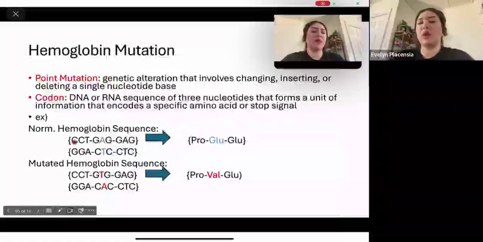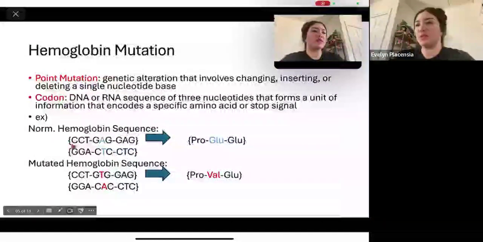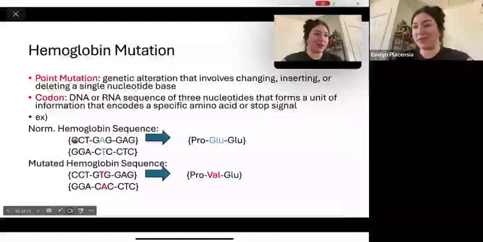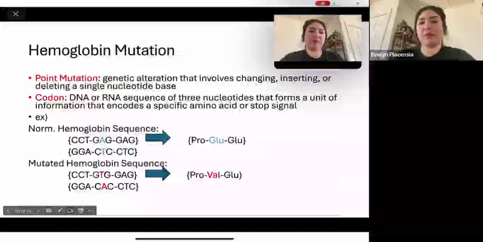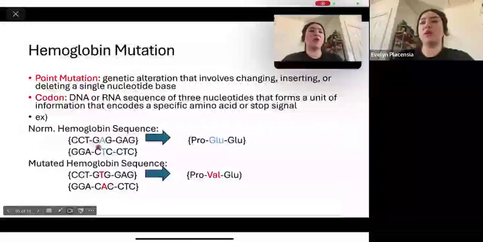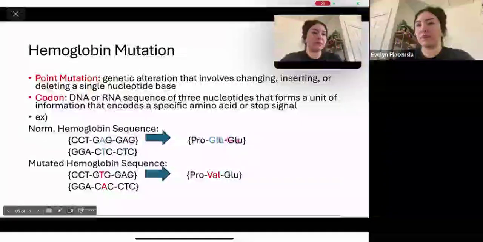As you can see here, these are nucleotide bases, or we're assuming that we know a little bit about chemistry. In the normal hemoglobin sequence, the codons signal proline, glutamic acid, and then glutamic acid.